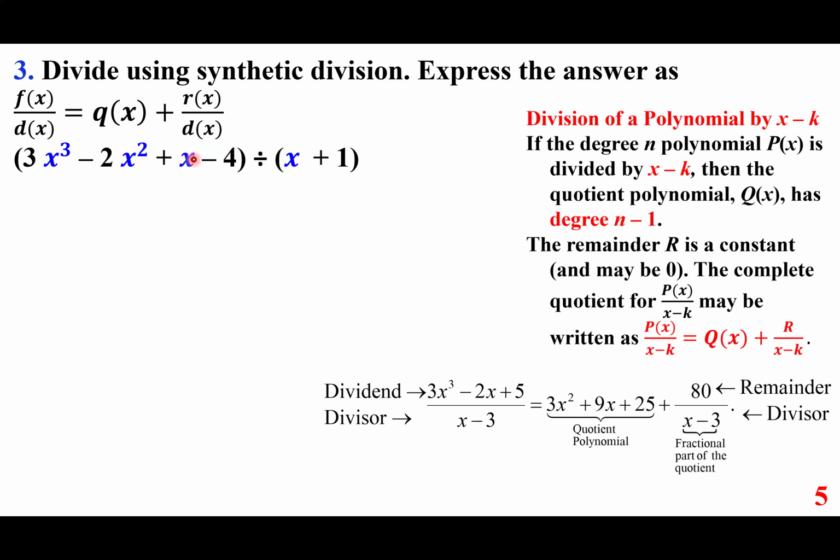So we write 3, negative 2, 1, minus 4. x plus 1 gives you negative 1. Again, if this was x plus 5, you would put minus 5. If it was x minus 10, you would put positive 10. That's how it works.